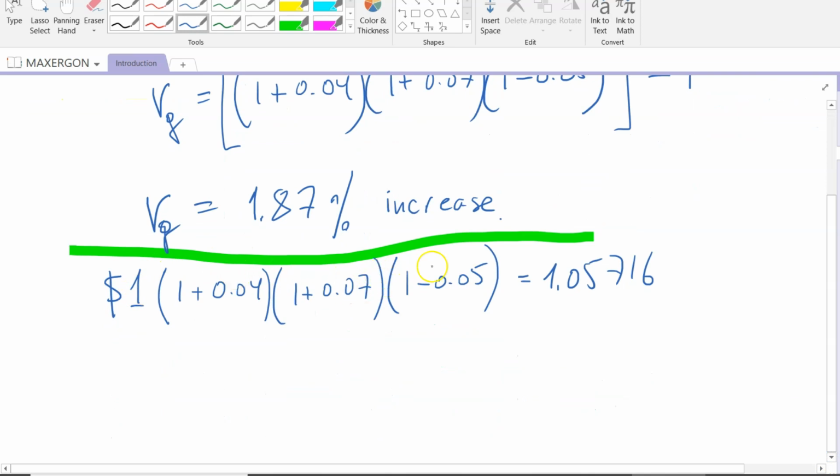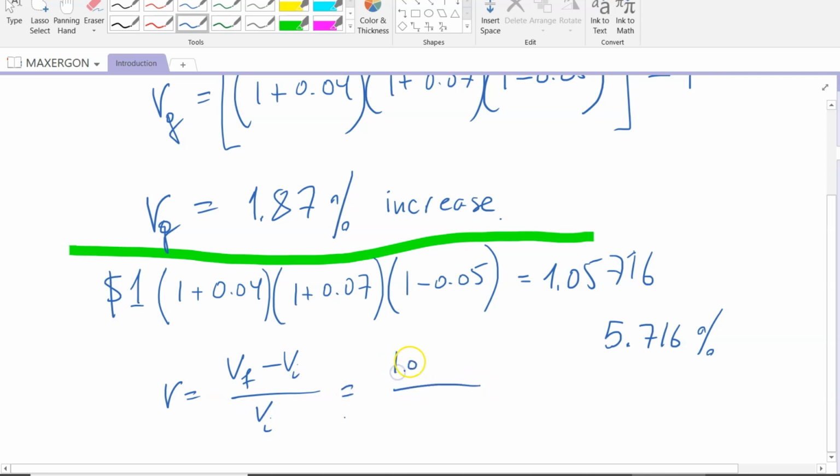Let's return to this solution. $1 after all these three changes has become 1.05716. Of course, from here I can see right away that the total percent change was 5.716%. But to have a practice with the formulas, that of course is evident from the formula that we had for percent of change.